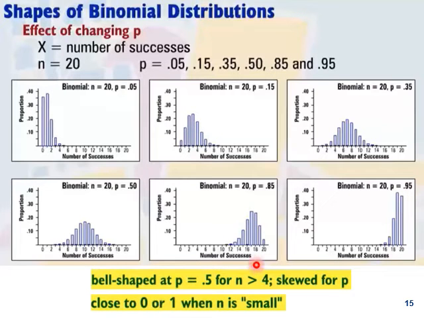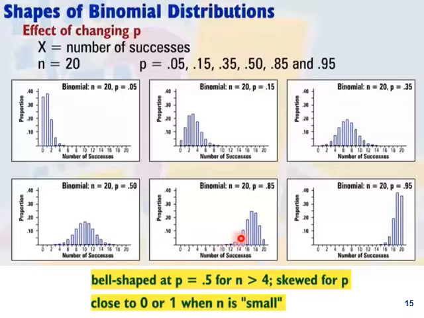So now we will understand the shapes of the binomial distribution. Here we can see that the number of trials is fixed, but the probability is increasing. If we want to see what its shape would be, when probability is increasing, first it's right skewed, then it's getting more bell shaped.